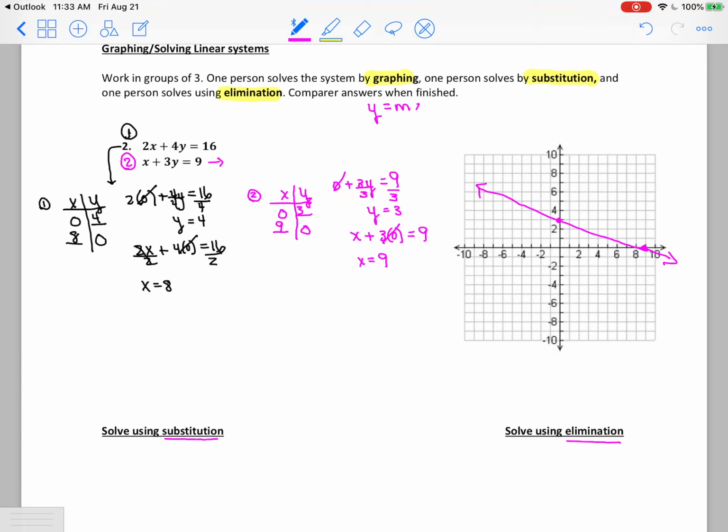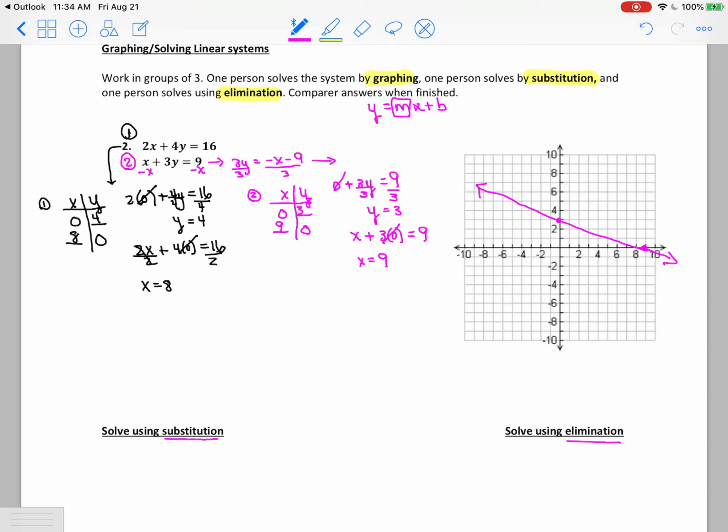Because if I do that, then I can use my slope from one of the 2 points that I have already graphed and make sure that my points are exactly where they should be. All right, so let's do that. If I were to rewrite this, I'm going to be moving that x to the right, and I would have 3y is equal to negative x minus 9, and then I would be dividing everything by 3.